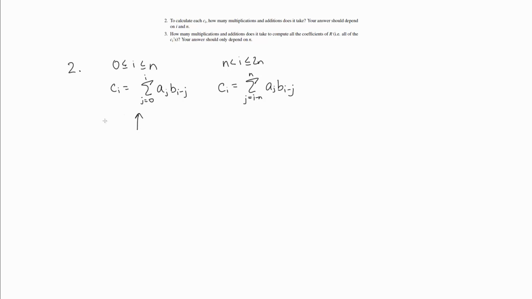So for this sum here, we have the sum of i plus 1 terms. Each term consists of one multiplication. So we have i plus 1 multiplications. And summing up i plus 1 terms requires i additions.